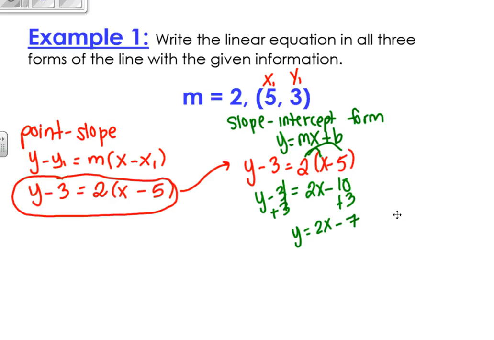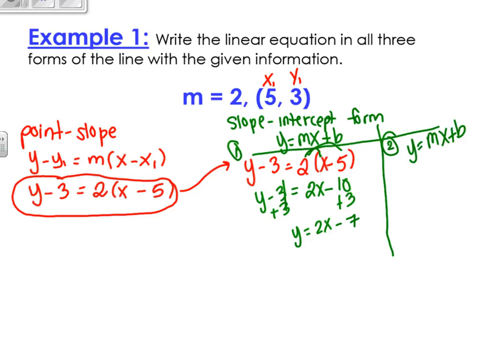Another way to do slope intercept form here is I could plug in what I know and solve for b. So this is the other way. Option 1, this is option 2. I know that it needs to be y equals mx plus b. Well, I could plug in what I know. I know a y is 3. I know an m is 2.